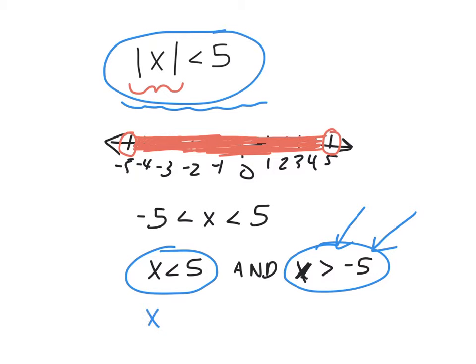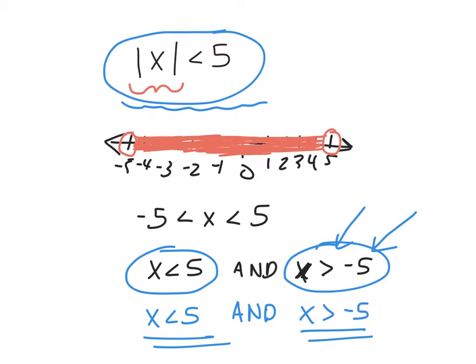And so for all of the less than inequalities, that's what's going to happen. We're going to have x is less than 5, or whatever the value is, and then x is greater than the opposite of 5, which is negative 5. And I'm writing it again just to send home the point that we're splitting these things into two parts, just like we did when we had the equations.